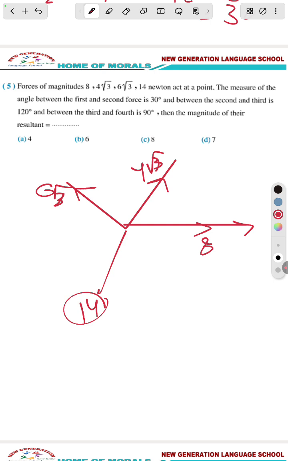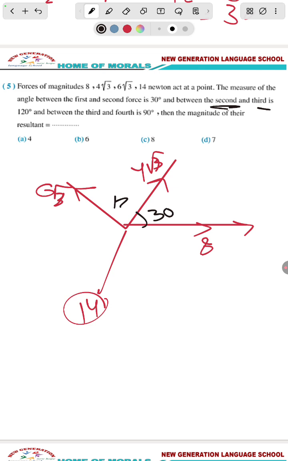Okay, the measure of the angle between the first and the fourth, it will be 30. Okay, put 30, and the second and third, 120, and between third and fourth 90.